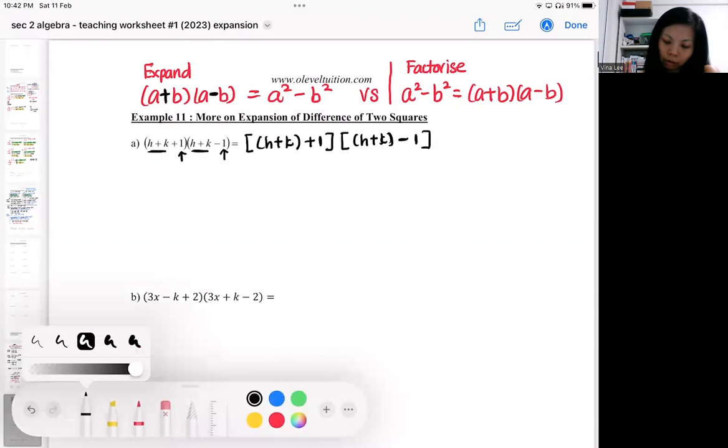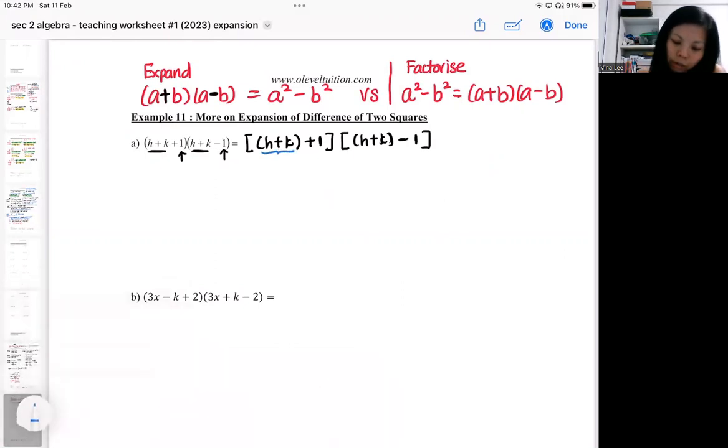So if you rearrange a little bit, this feels like A, and this will be your B. So A will be H plus K, B will be 1.